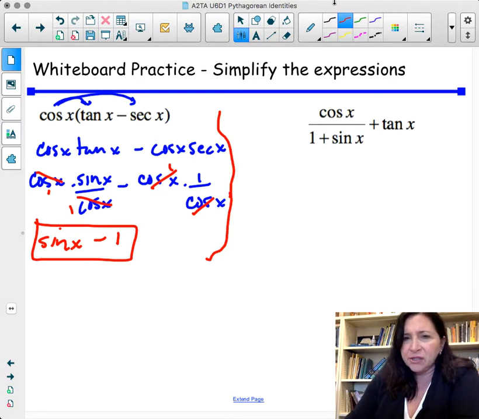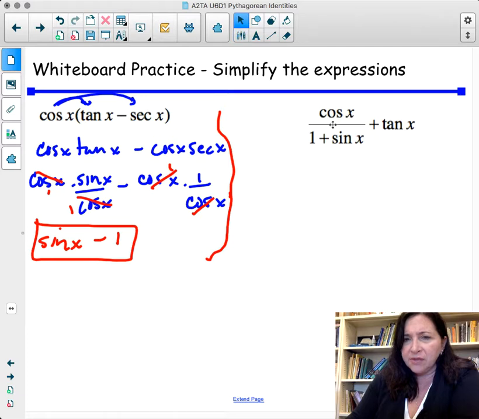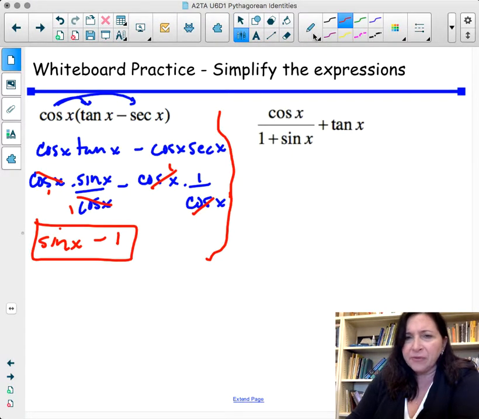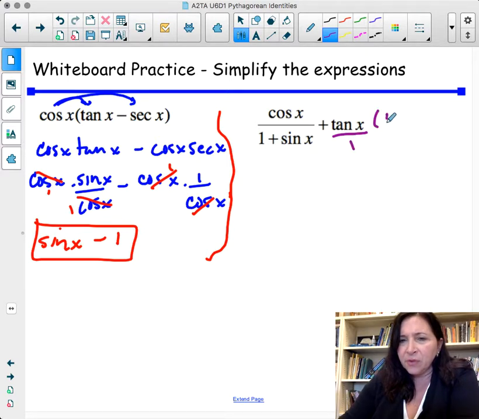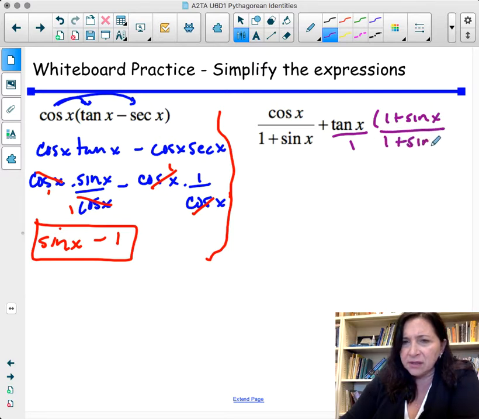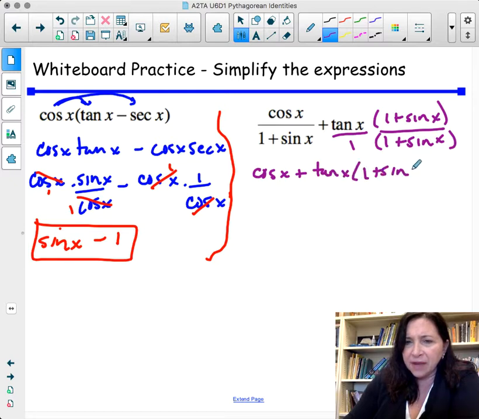This one right here, let's try to simplify this. So I'm going to simplify this by first getting a common denominator. And my common denominator would be 1 plus sine of x. So we have 1 plus sine of x over 1 plus sine of x. And so now I have cosine of x plus tangent of x times 1 plus sine of x all over 1 plus sine of x.